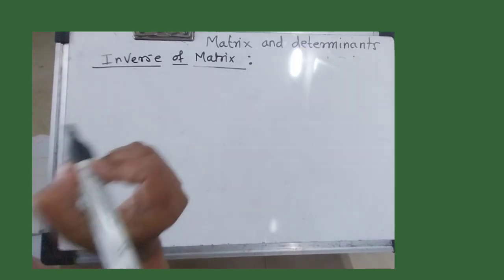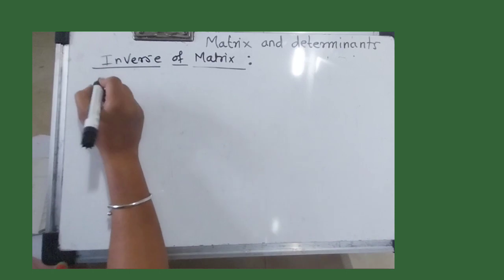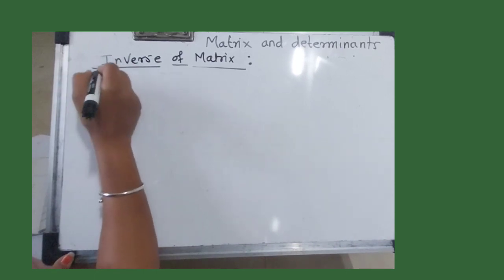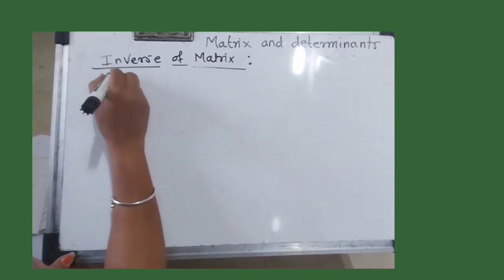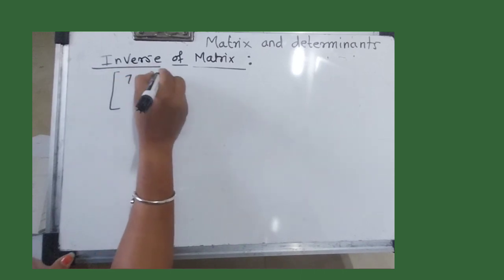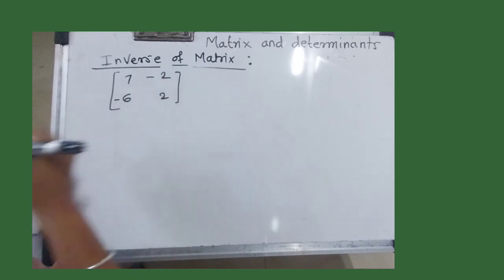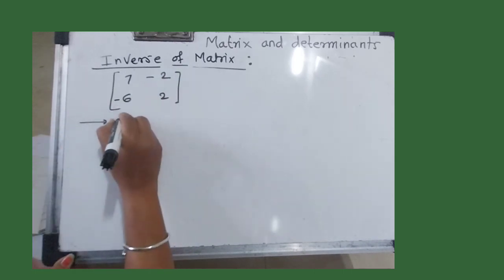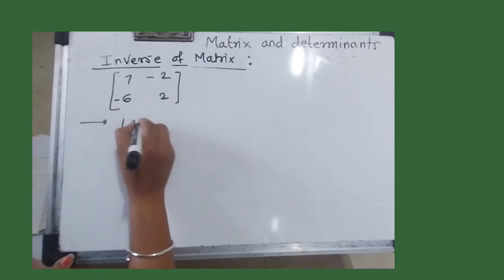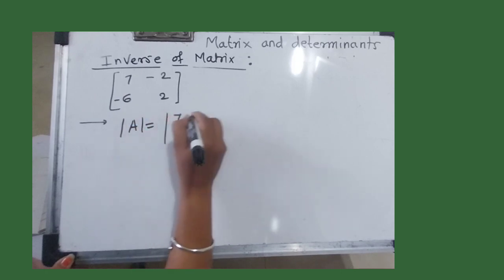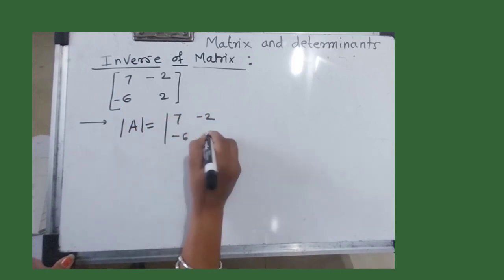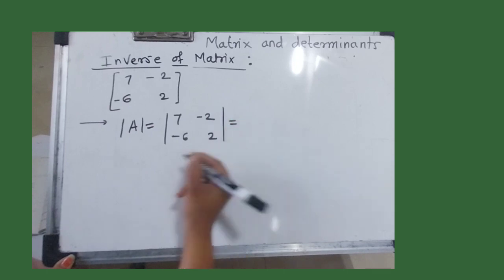Now we will go through one example. Question is find inverse of a matrix. The given matrix here is 7, minus 2, minus 6, 2. What is the first step? First step is find determinant of A. How to find determinant?